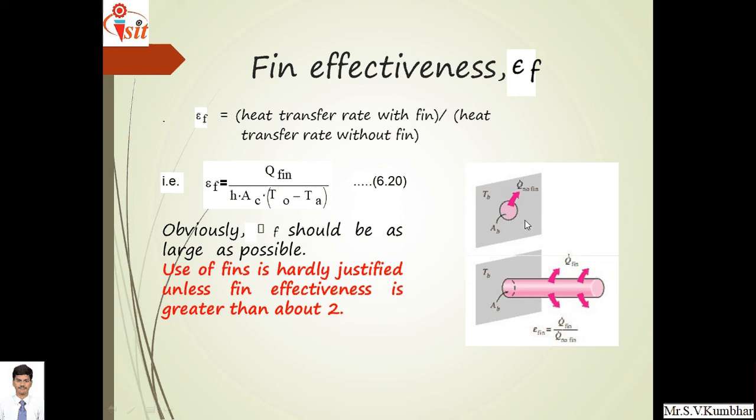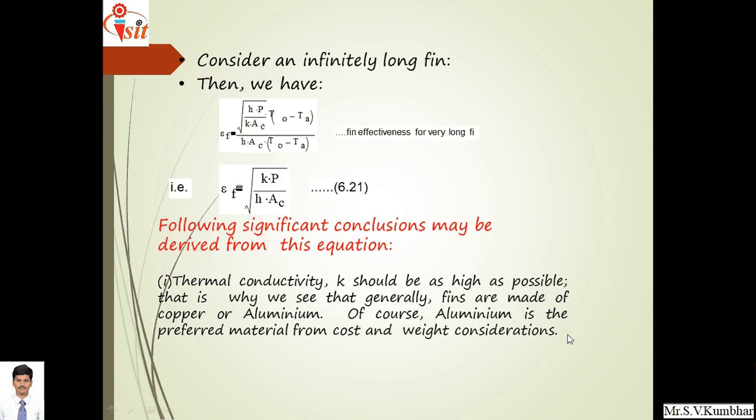So let us consider this is the base surface when fin is not used. So this is the amount of heat transfer by convection only, and by the presence of fin, that is in the second figure, heat will be conducted through this as well as convected through this. So effectiveness of fin is equal to q fin upon q no fin, when fin is present to when fin is not present.